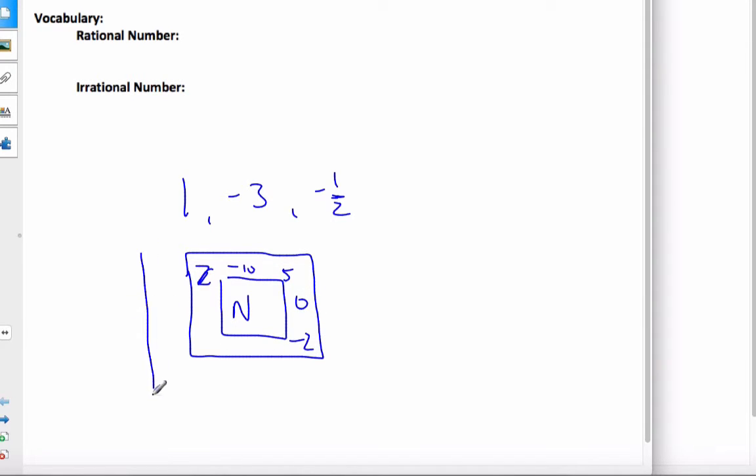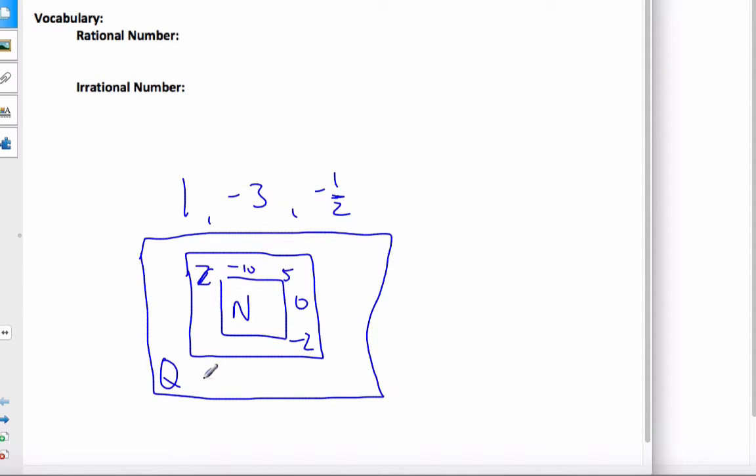And then all of these together, we get Q, which are all the fractional numbers too, -1/2. But 1 is also a fraction. -2 is also a fraction. So any number that can be written as a fraction, like 0.1 is a fraction, 0.3 repeating is a fractional number. These are all rational and they belong to Q.